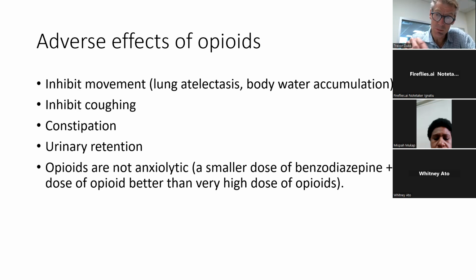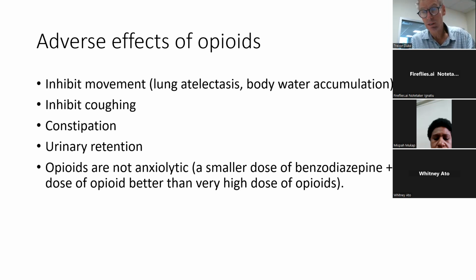And in a post-operative period, the right dose is right, and more than that can cause immobility, and that can have other adverse effects like lung atelectasis because the patient is not taking big enough breaths, or they're not moving around, so they accumulate body water, so they may get more edematous, their lungs might get more wet. So you have to be really aware of these sorts of complications.